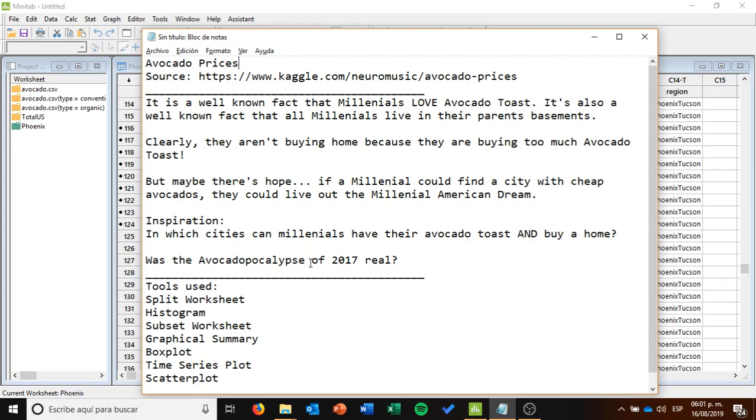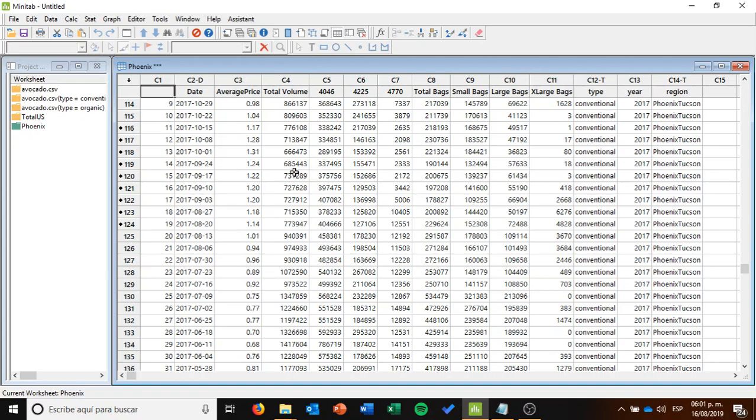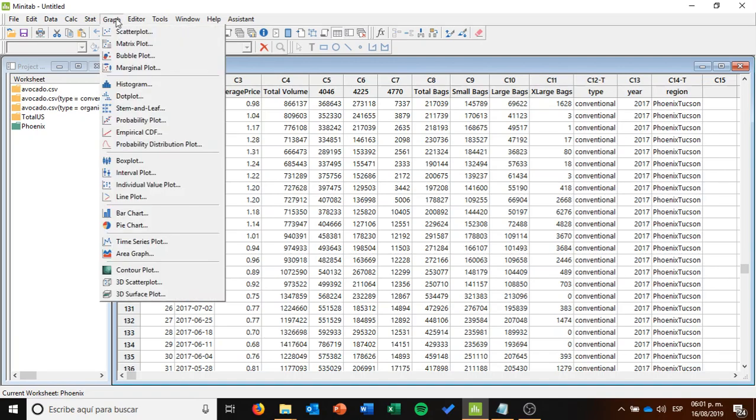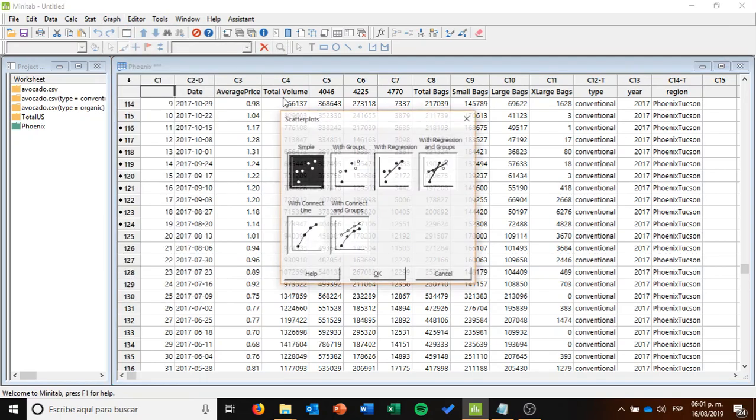But if it was real and the prices were particularly high, did it have an impact on the number of avocados, the total volume, that were sold? Let's find it out. What I'm going to do is to include another graph, again using Phoenix. I'm going to include a scatterplot, a simple scatterplot.